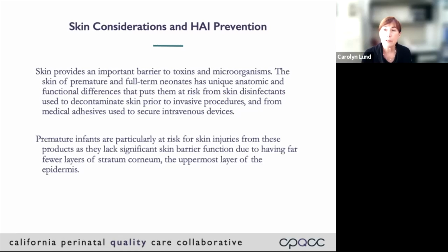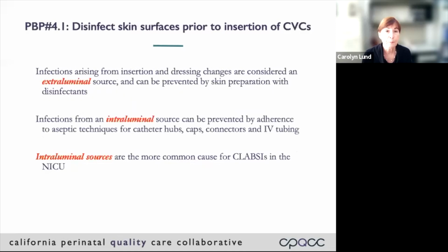The two areas that I selected for this section is that they can have problems with skin disinfectants that are used to decontaminate skin, and they can also have problems from medical adhesives. I want to point out that premature infants are particularly at risk for skin injuries from these products because they lack the significant barrier function because they have far fewer layers of stratum corneum, which of course is the uppermost layer of the epidermis.